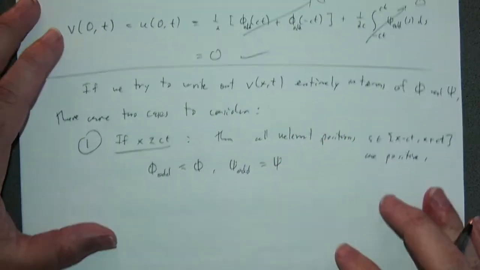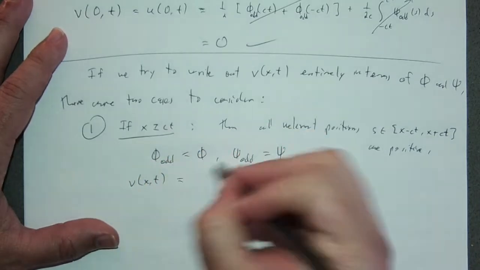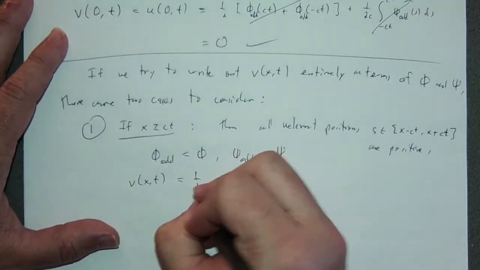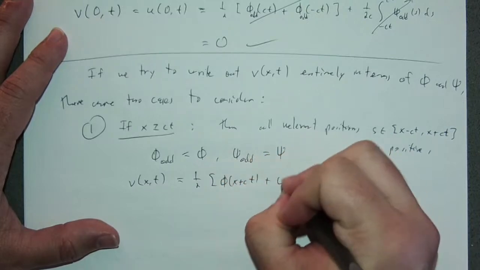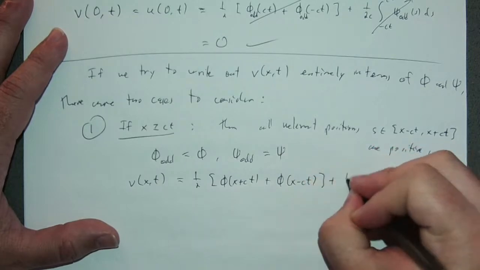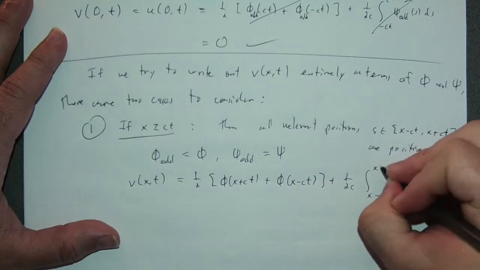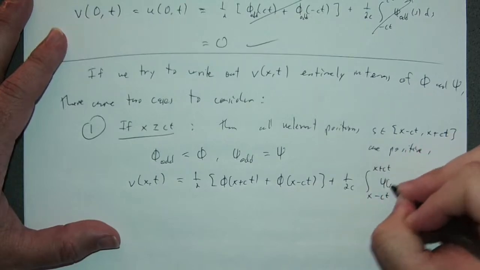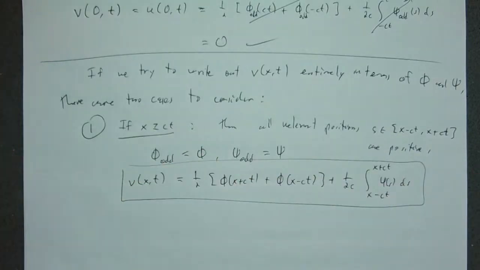And so what I get is exactly D'Alembert's formula. This is 1/2 phi of (x plus ct) plus phi of (x minus ct), plus 1 over 2c times the integral from x minus ct to x plus ct of c of s ds. So I get something that agrees with D'Alembert's formula entirely.